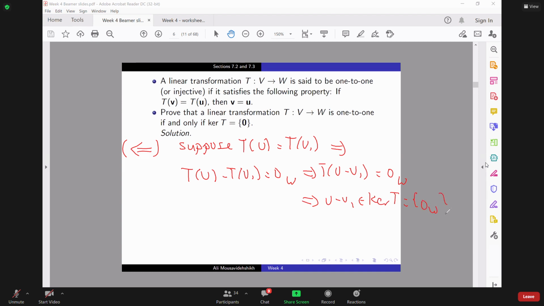But this says u minus u1 equals the 0 vector in V, not W, since this is in the subspace of V. This says u equals u1. Hence, T is one-to-one.